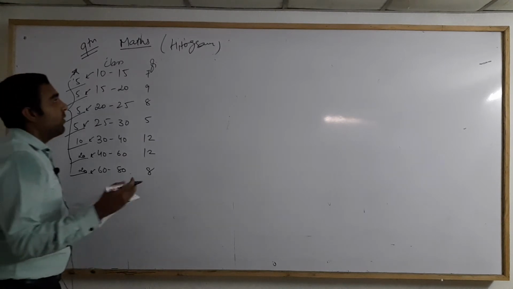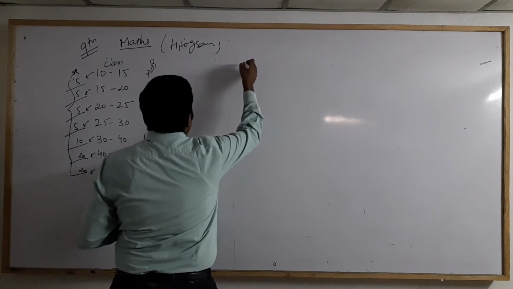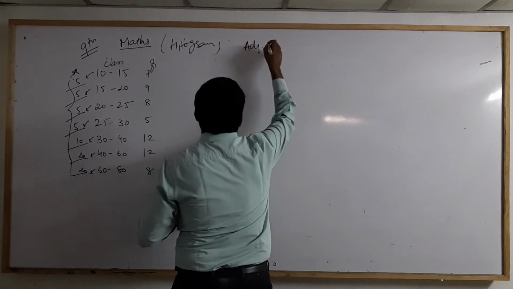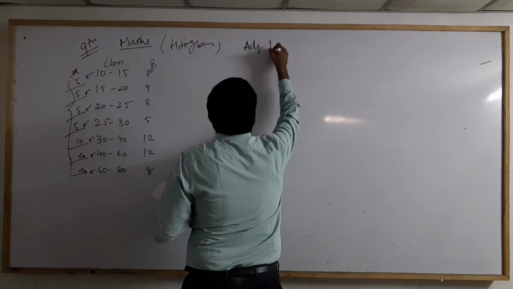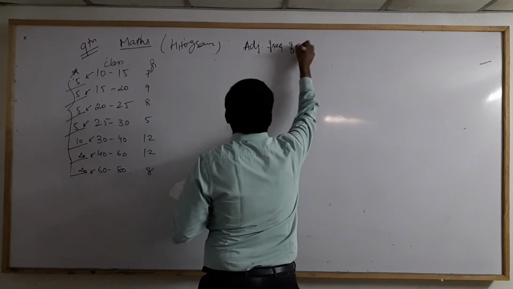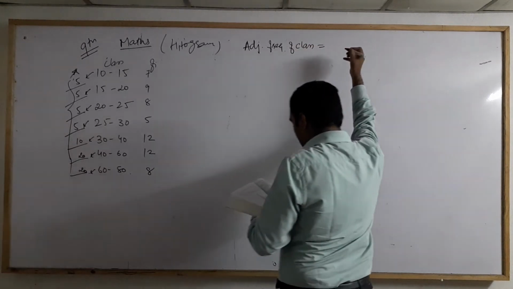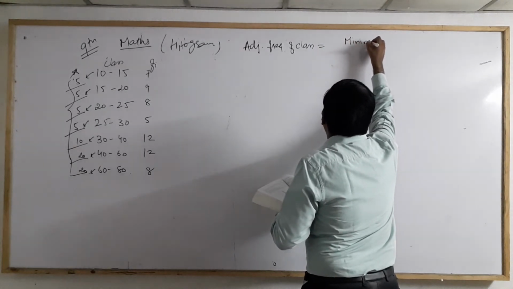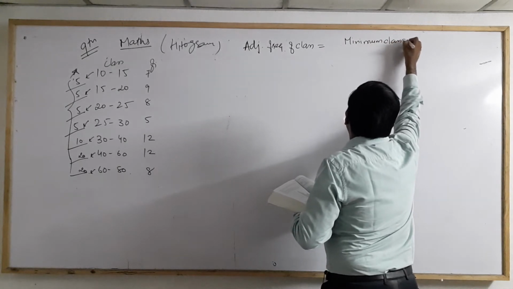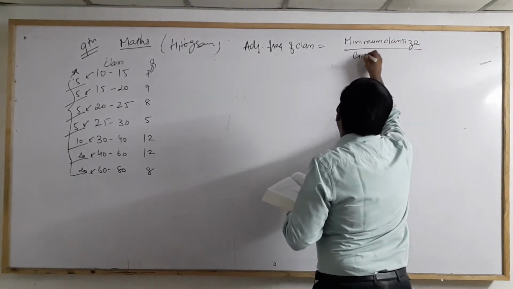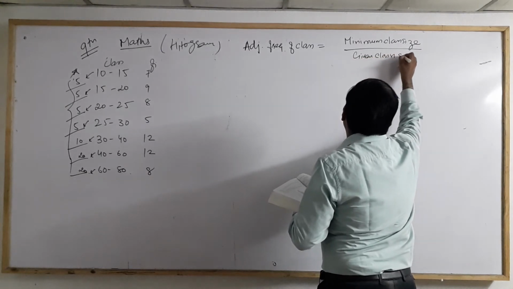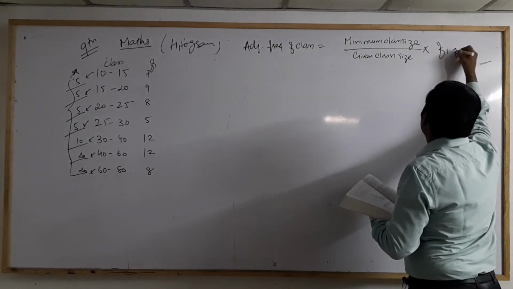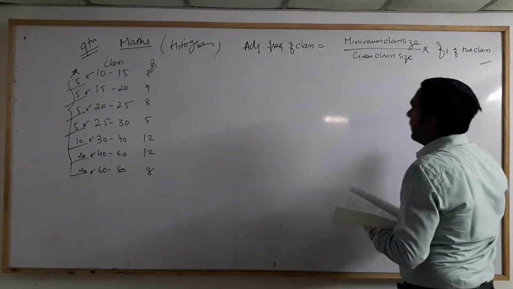For that, my formula is: adjusted frequency of class is equal to minimum class size upon given class size, into the frequency of the particular class.